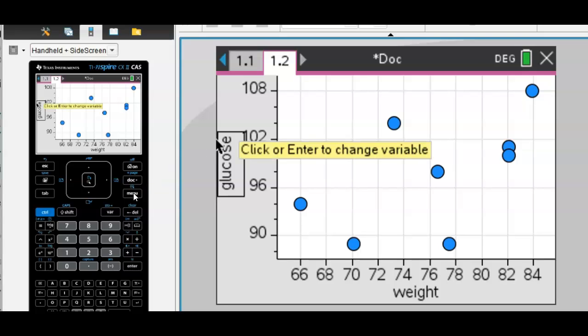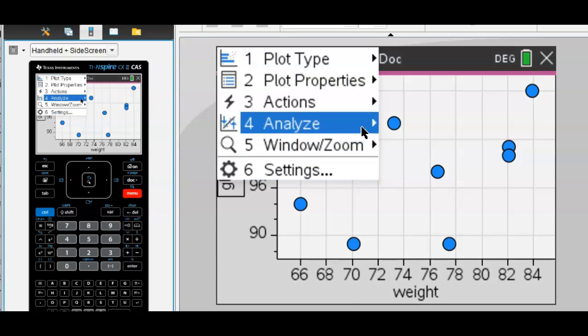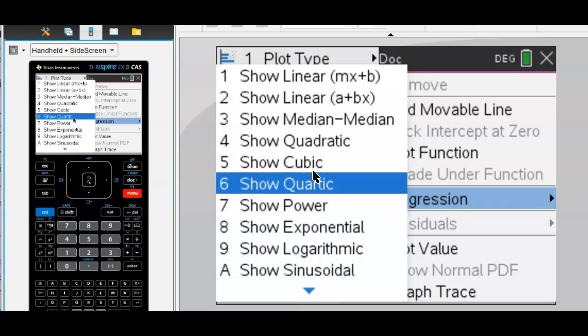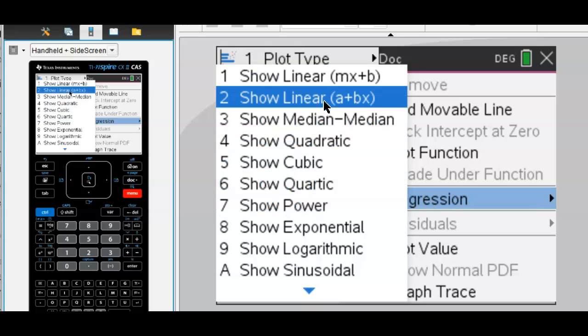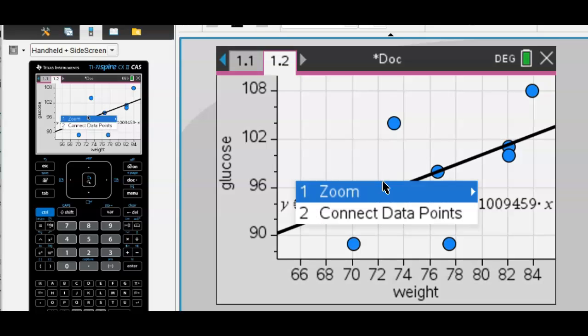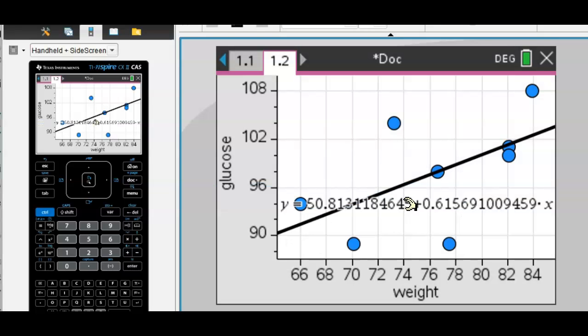Now to put in your equation, go to menu, analyze, regression, show linear a plus bx. You could do mx plus b, but usually regression equations are written in the form a plus bx. So we'll put that in. There's your equation to many, many decimal places. Whoops, I'm just trying to grab it. Why can't I grab it?